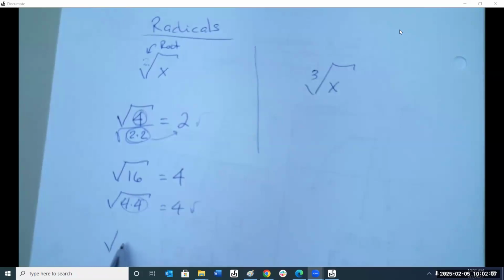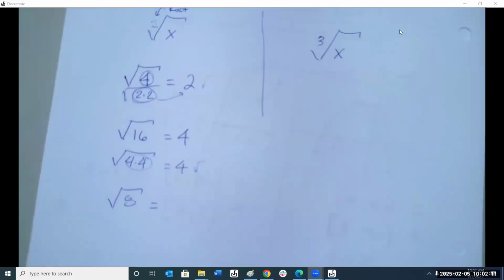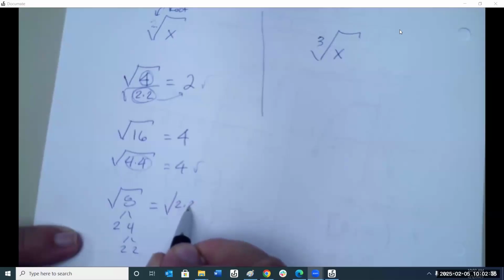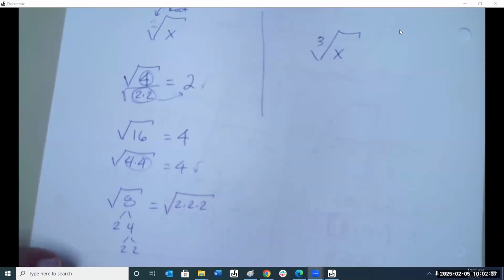So if I gave you the square root of 8, what would that equal? Well, let's break it up. What is 8 made up of? 2 times 4. What is 4 made up of? So 8 is made up of 2 times 2 times 2, right?